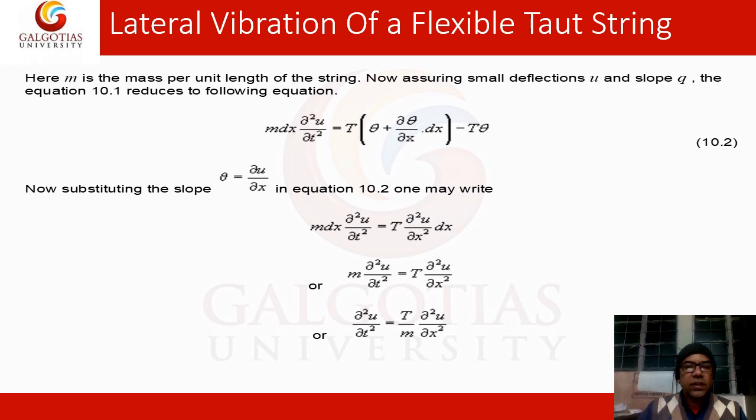That means m dx ∂²u/∂t² equals T ∂²u/∂x² dx, so m ∂²u/∂t² equals T ∂²u/∂x². So the equation is written as a partial differential equation like this.